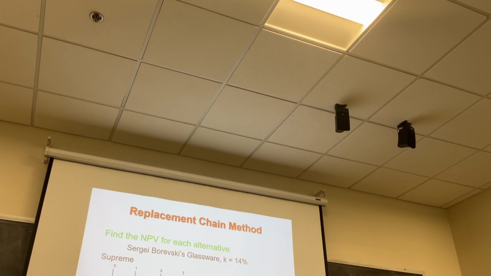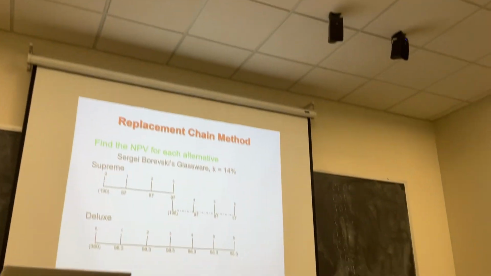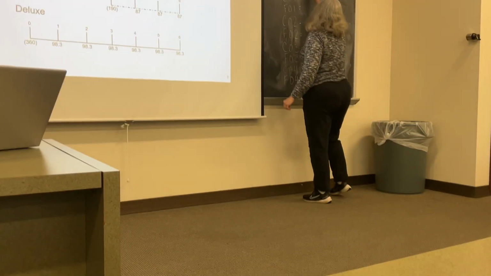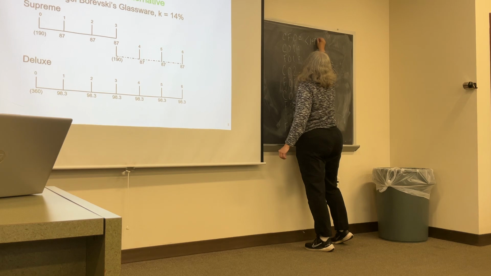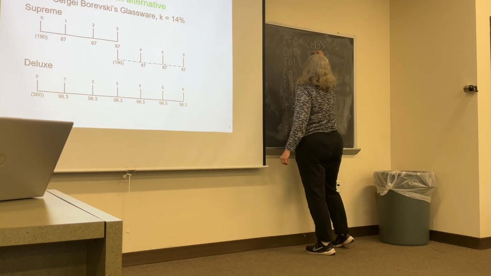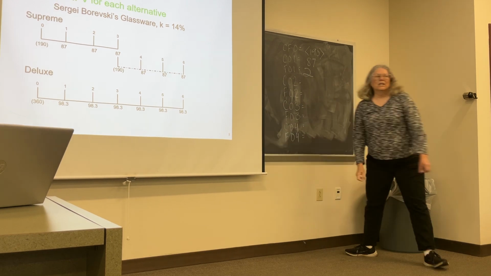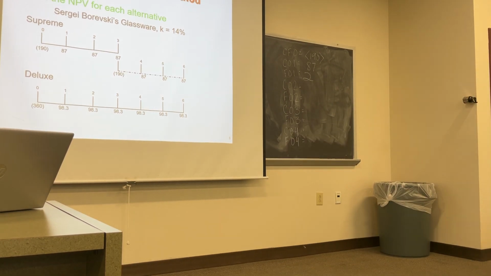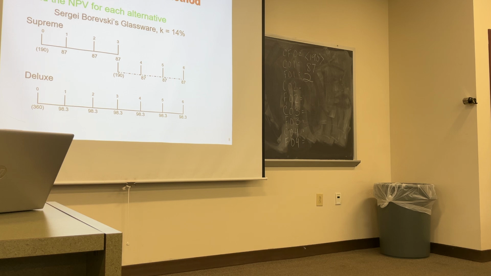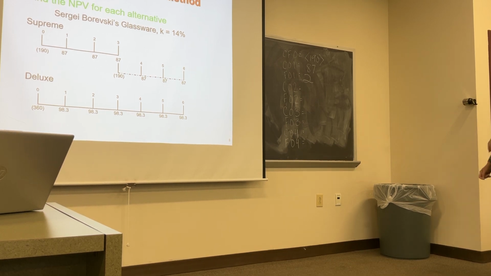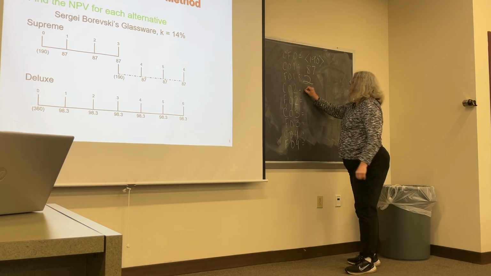Okay, so CF0 needs to be negative 190. Then 87, actually you can just do twice, right? You don't have to put each separate one in. So there's 87, 2 times sequential. Then we have negative 103.